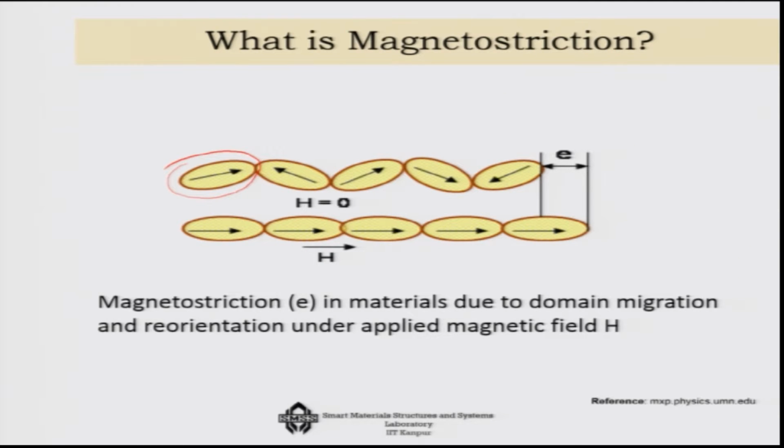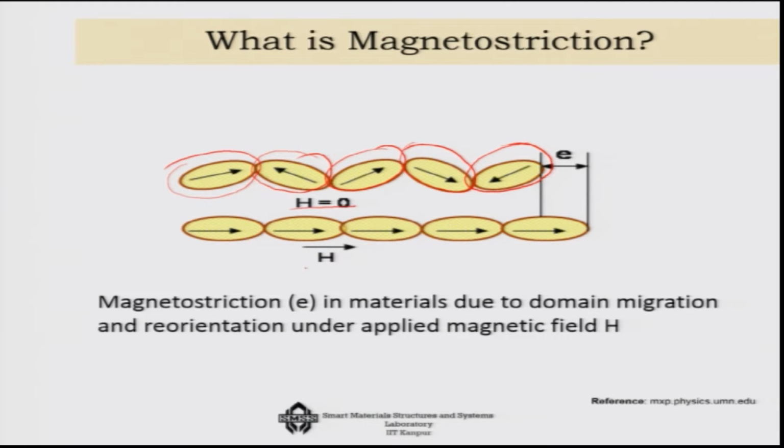In general, when H equals 0, these domains are placed in a north-south combination, but they are not aligned. They are very randomly placed.